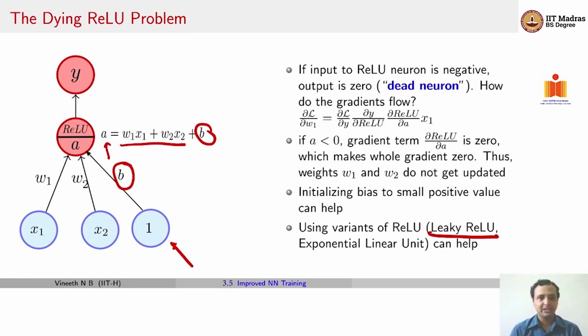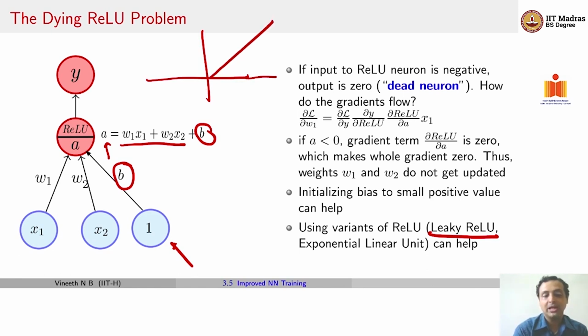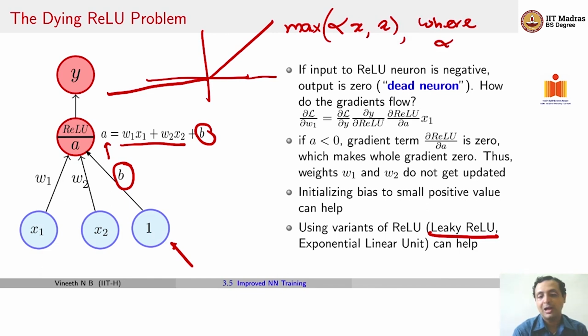Now you should be able to appreciate why leaky ReLU was useful. If you go back and see the shape of leaky ReLU, we said that it's very similar to ReLU on the positive side, but on the negative side, instead of making it 0, just let a small value go through, and that's why it was max of alpha x, where alpha could be a small value such as 0.1.